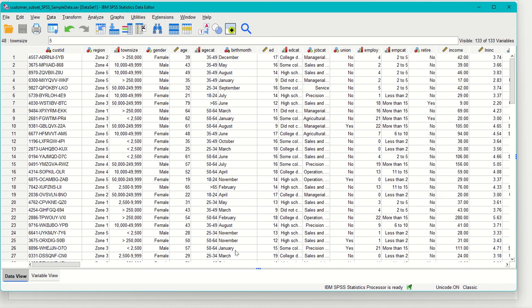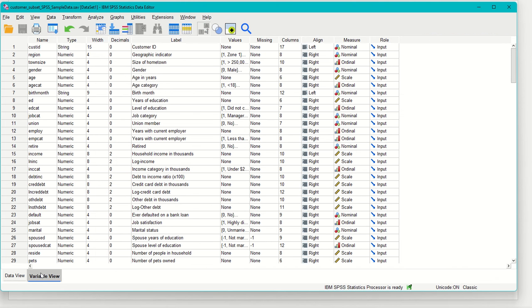People were given a survey to answer based on various demographic questions. And you can see it has nominal, ordinal, scale variables, and we're going to select the age, the years of education, household income, and credit card debt for our analysis.